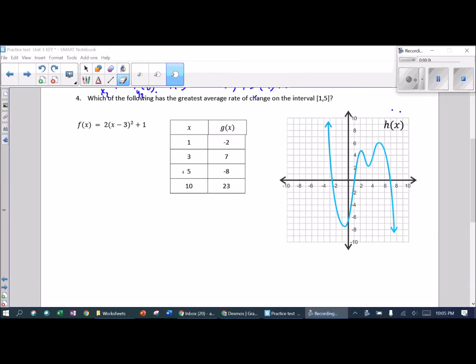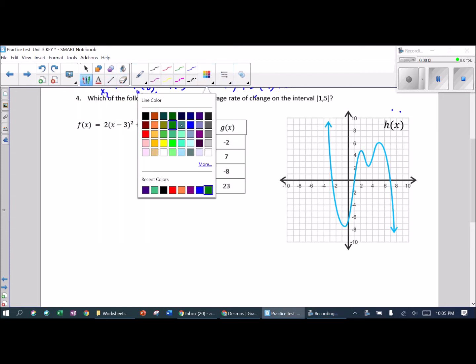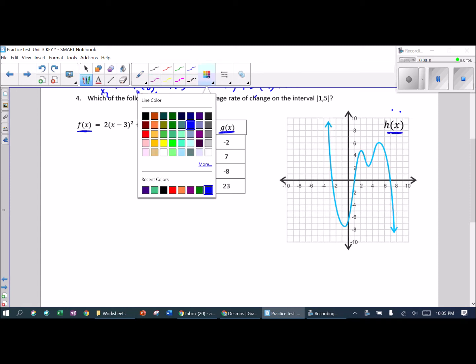Okay, this last problem is asking which one has the greatest average rate of change, right? So we've got 3 functions here. We've got f, g, and h. And it says over the interval from 1 to 5.